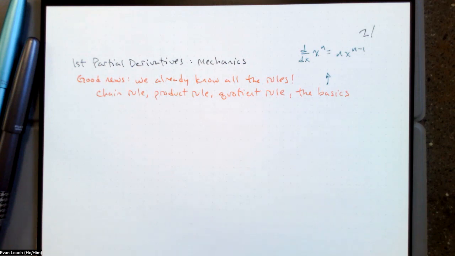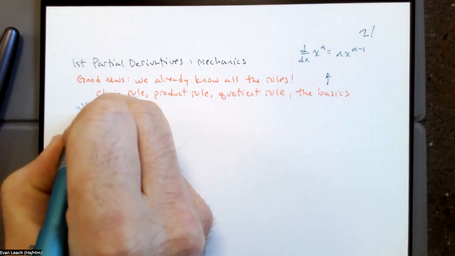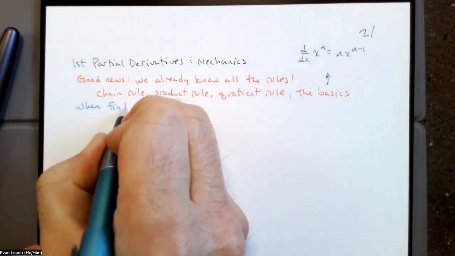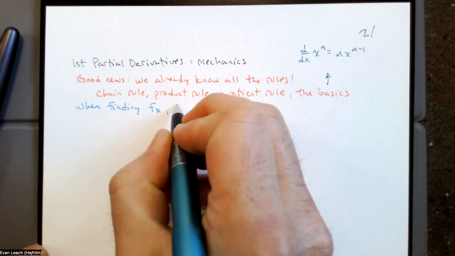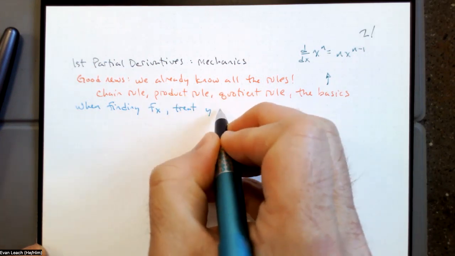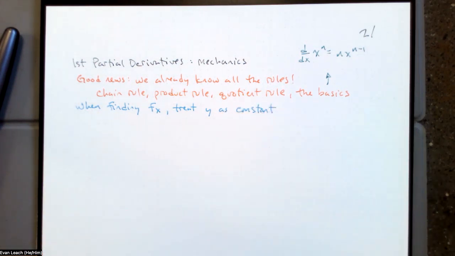The idea that we're going to use is that we're going to take the derivative with respect to x. We're just going to imagine that y is constant. Treat the other one as a constant. When finding the partial with respect to x, we're going to treat y as constant. This means that y could show up as a constant term or a constant factor.